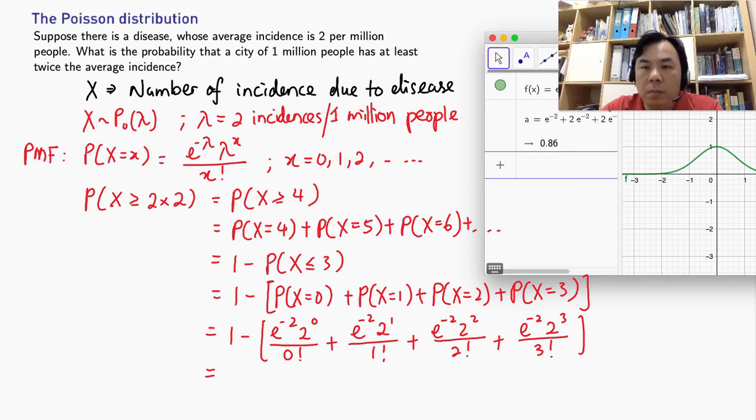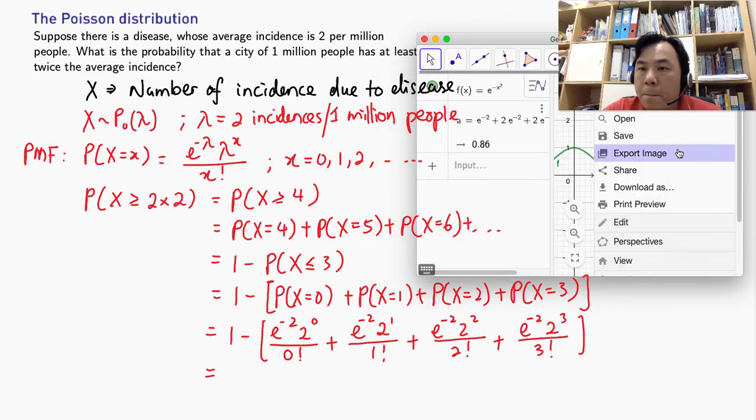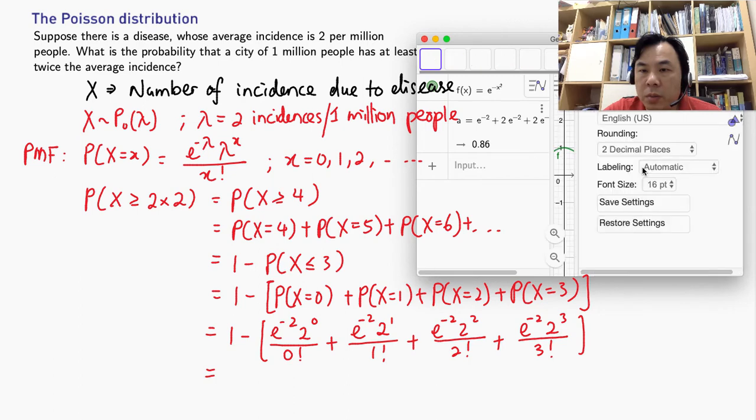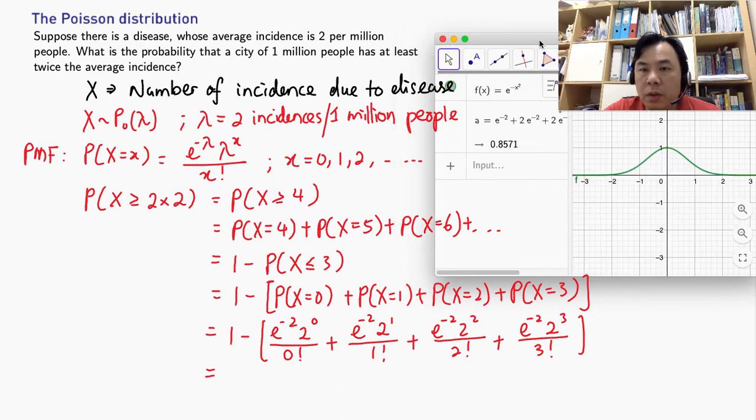In general, for accuracy, I might want to raise it to a larger significant level.